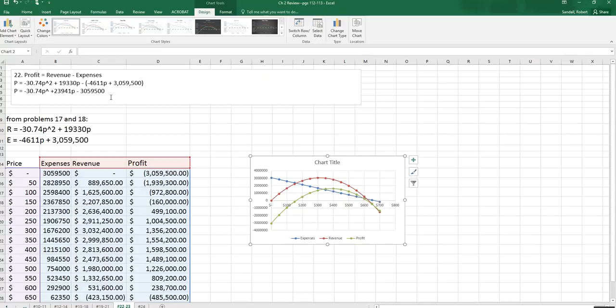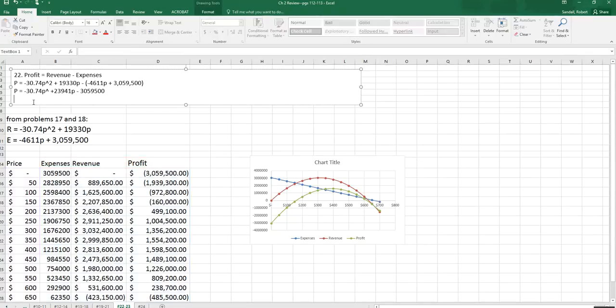That's the estimate. To get the exact number, remember that the price at which the maximum profit is reached is equal to negative B over 2A.